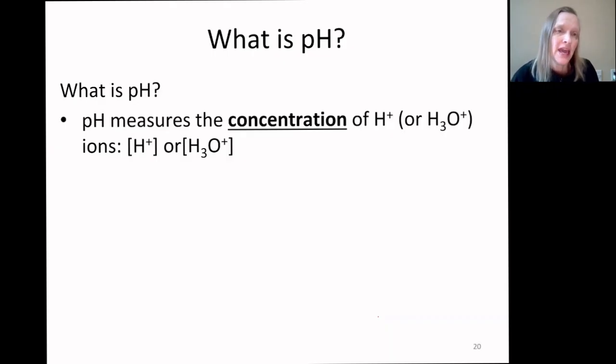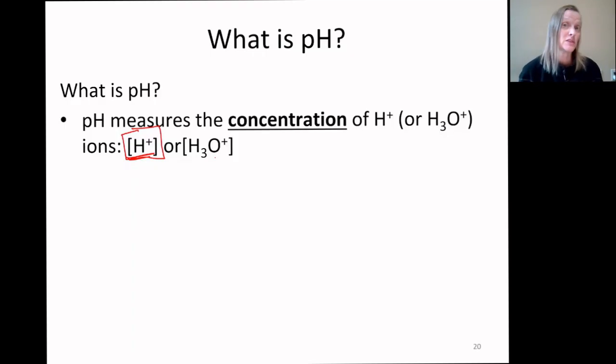So pH is a measure of the concentration of hydrogen ions that an acid or base, any substance, creates in solution. We use square brackets to indicate concentration. So this symbol here represents the concentration of hydrogen ions. But hydrogen ions are protons, and that's too reactive to really exist on its own. So hydrogen ions don't really exist on their own.